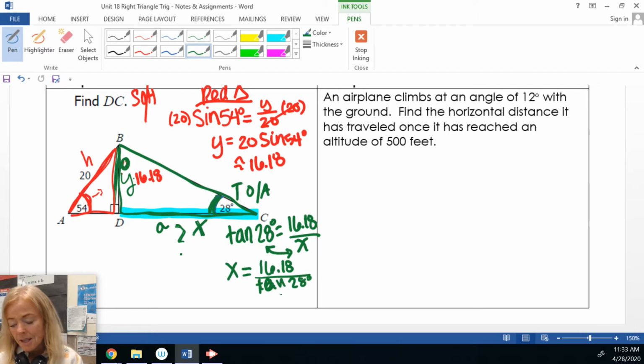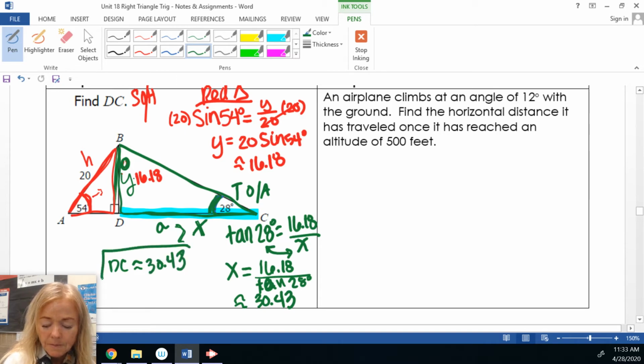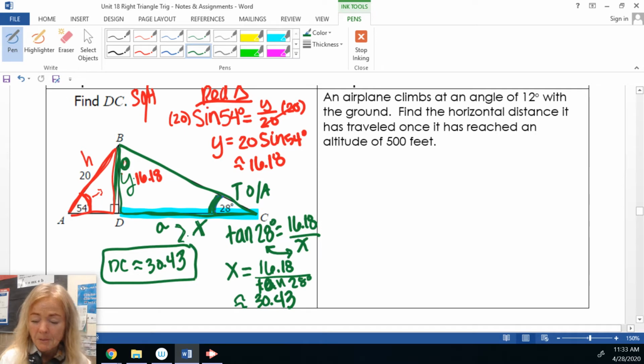So I'm just going to leave it and hit divide, tangent 28, and that is approximately 30.43. So I would say that DC is approximately 30.43 units, whatever the units are. Okay, so that's how you would find DC.